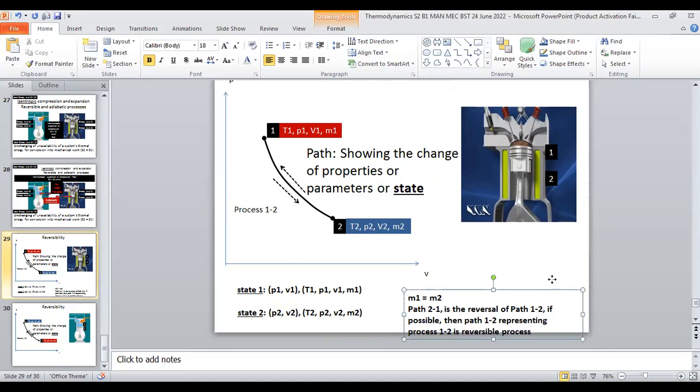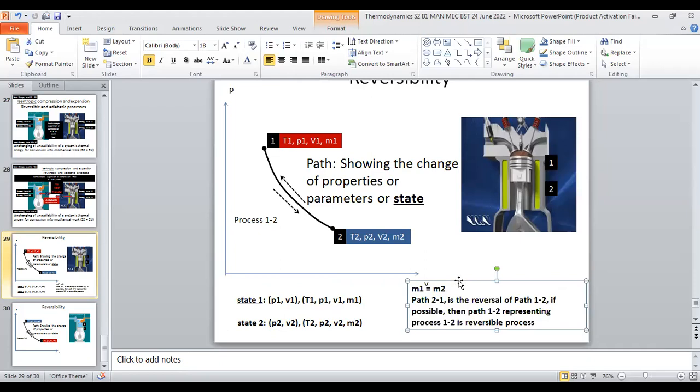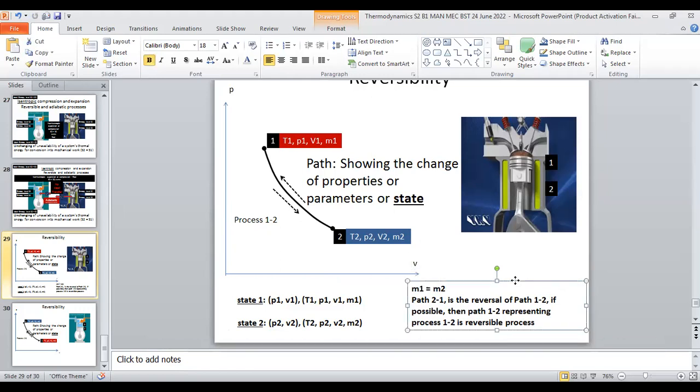Yeah, that's the point. If path 2 to 1 is the reversal of path 1 to 2, and if possible, then path 1 to 2 representing process 1 to 2 is a reversible process.